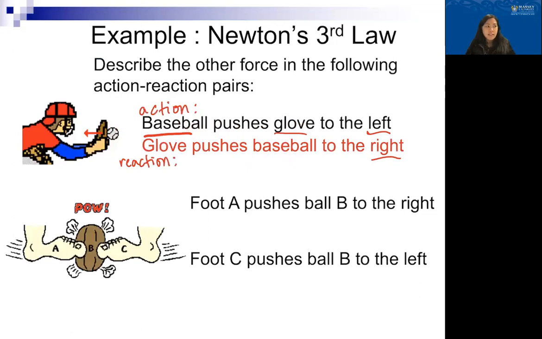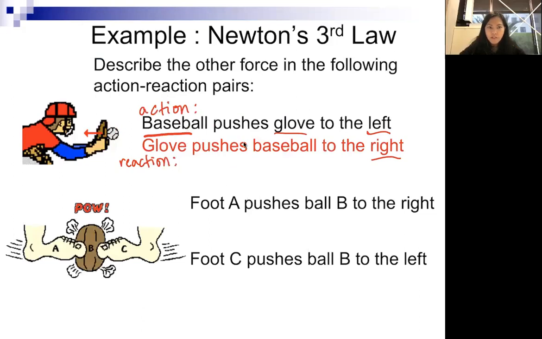It's not necessarily that the glove will stop the ball from moving. Let me see if you can see. Imagine this is the glove and this is the baseball. Maybe I should remove my background so you can see the demonstration.